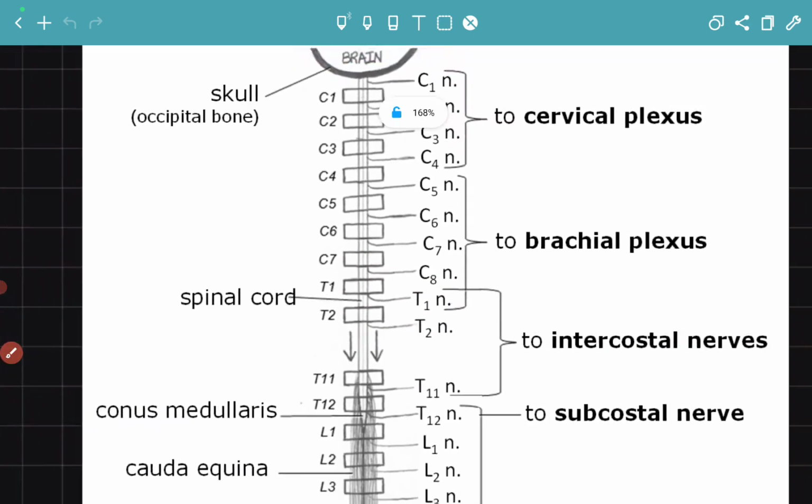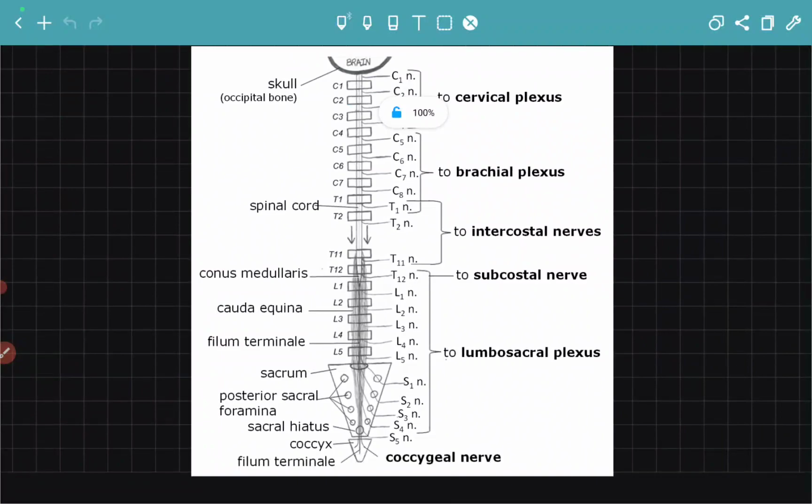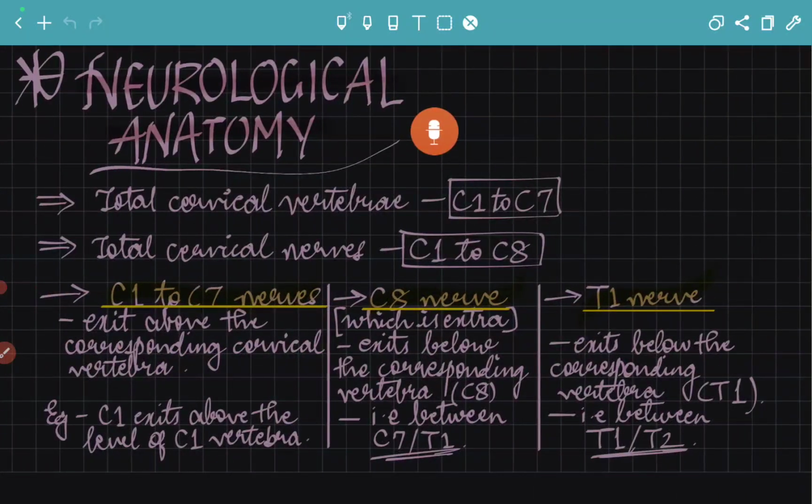This will form the foundation for the rest of the topics to apply clinically, so we need to remember this basic concept as discussed. Till the C7 cervical vertebra, the corresponding spinal nerves will exit above them. As the C8 spinal nerve comes into the picture, it will go below the C7 cervical vertebra.